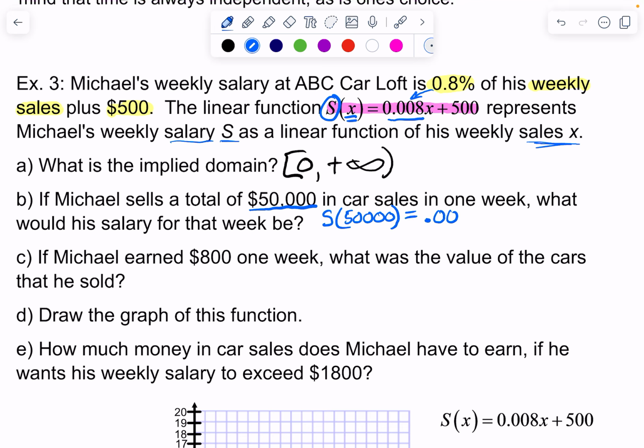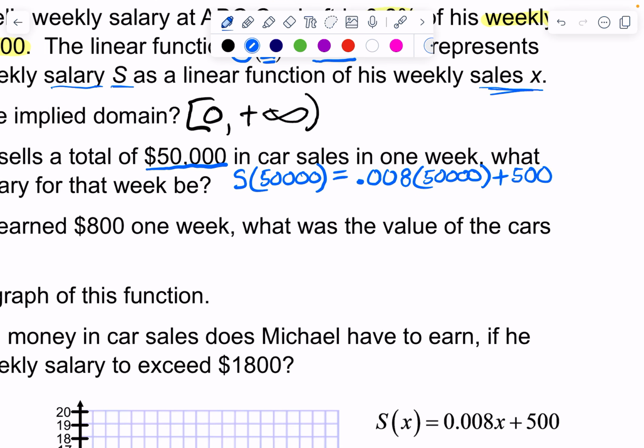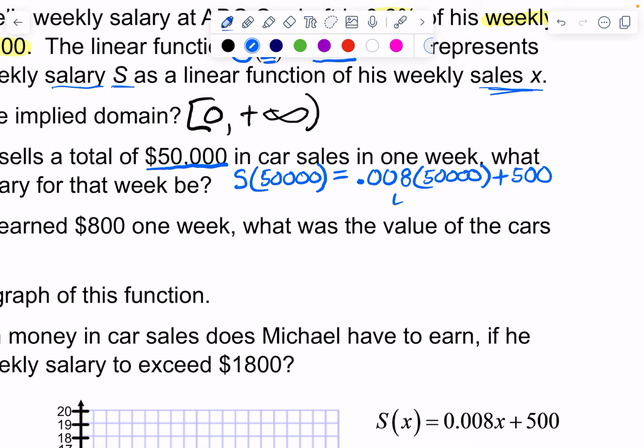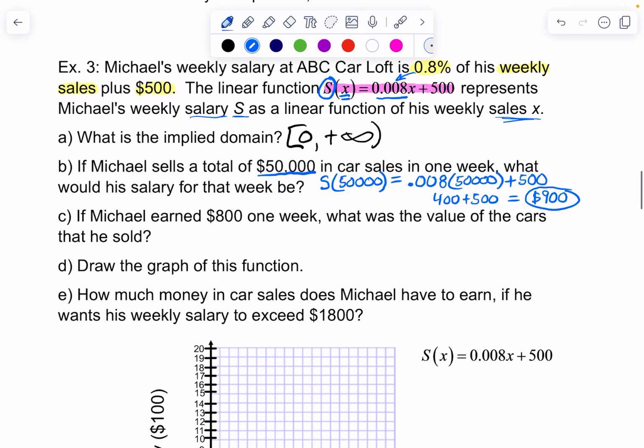So we've got 0.008 times 50,000 plus 500, and 0.008 times 50,000 is 400, plus the 500 guaranteed salary that you have. So you will earn $900 if you make $50,000 worth of sales.